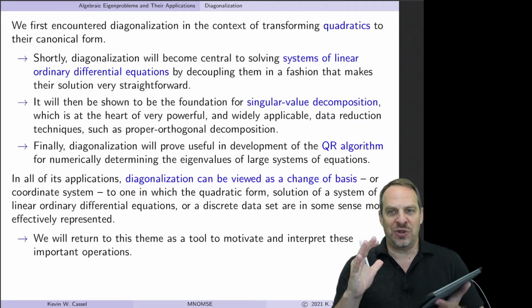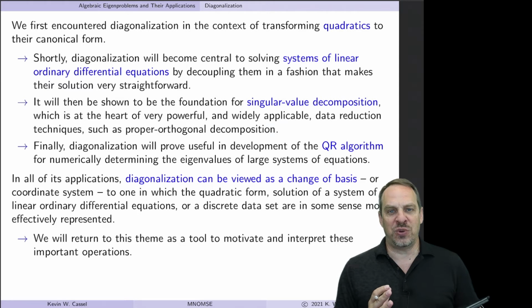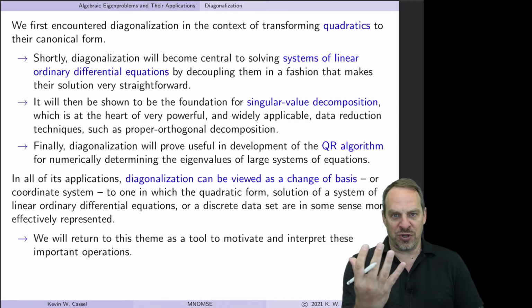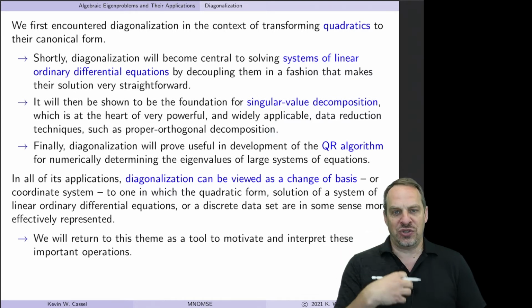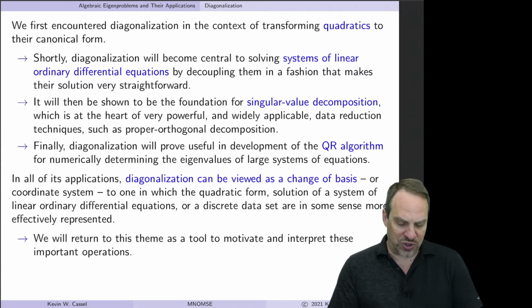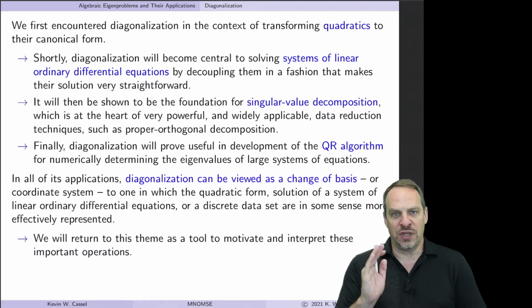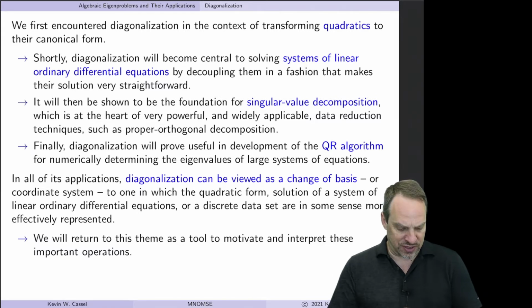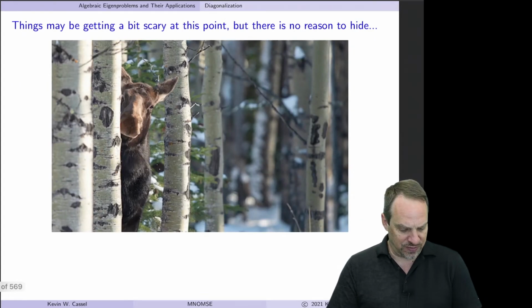So we're changing the way we look at our quadratic. We're changing the way we look at our linear system of algebraic equations. We're changing the way we look at our particular problem in such a way that makes it easier to solve, easier to deal with. And so we're going to be using this diagonalization tool for the rest of Chapter 2, and it's going to come up in other contexts as well throughout the book.